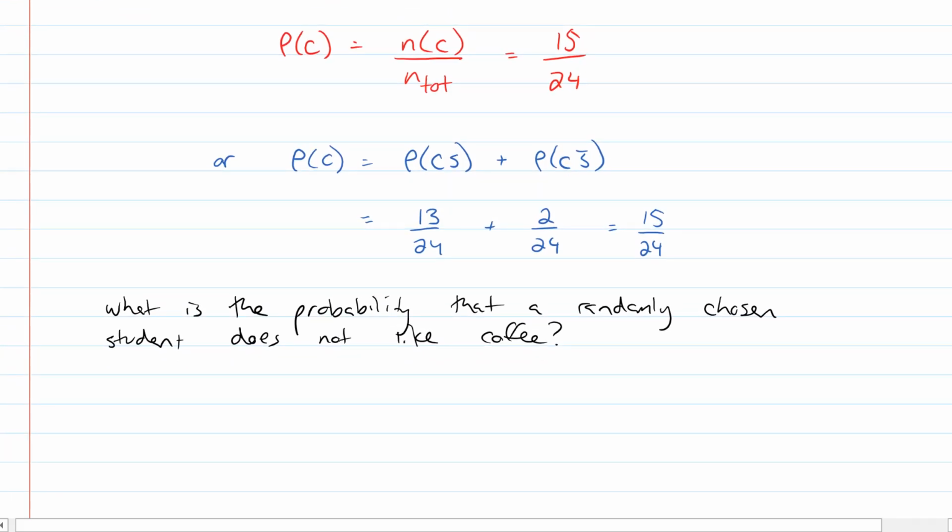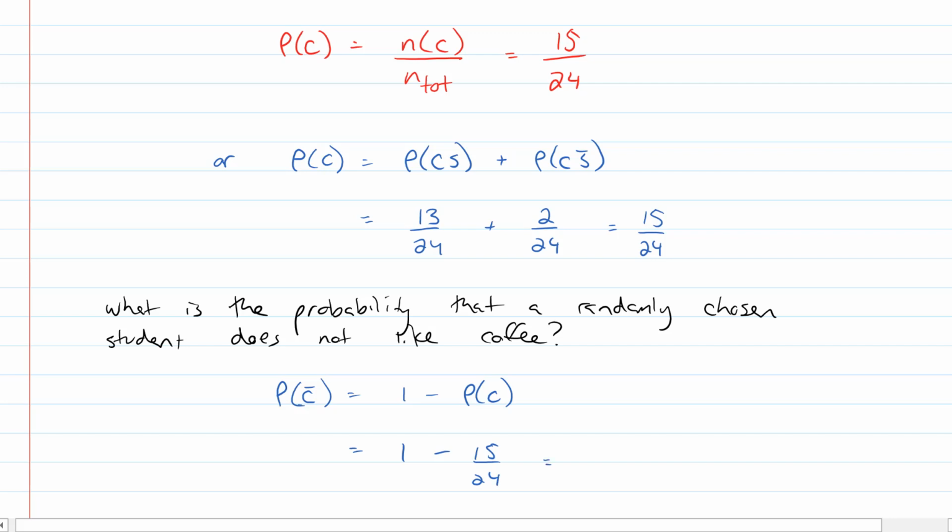Well, you could either do that directly, saying that the probability of not coffee is just the number of students who don't like coffee divided by the total, but I also want to remind you that the probability of not coffee is equal to 1 minus the probability of coffee, because they're complements. And we just found that, so it's 1 minus 15/24.